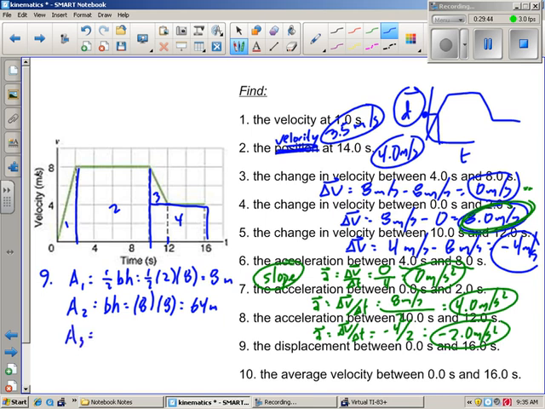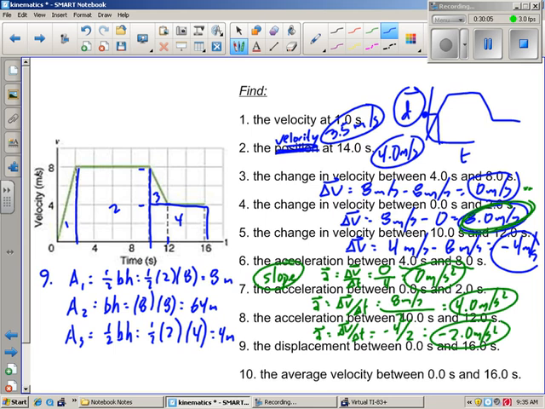The area of the third triangle is 1/2 base times height because it's a triangle. The base goes from 10 to 12, so it's going to be 2. And the height goes from 4 to 8, so that's going to be a height of 4. Multiply those together, we get 4 meters.